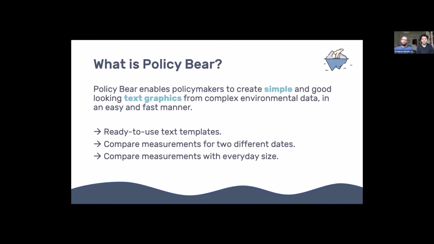And you can select these parameters for different observation stations within the ICOS network and compare these between two different dates. So just simply change detection. And to make these more comprehensible, you can compare these measurements with everyday sizes. And everything is done completely automatically in our software tool.